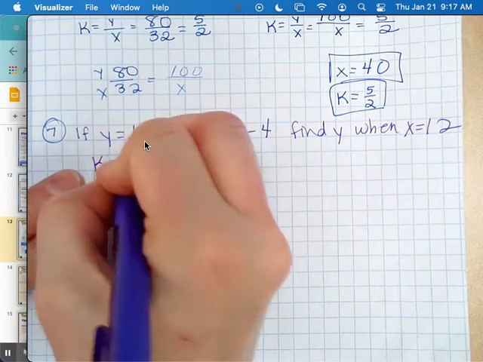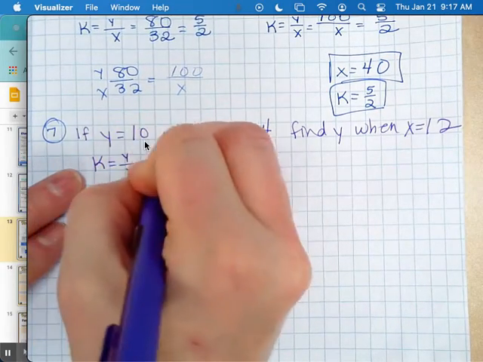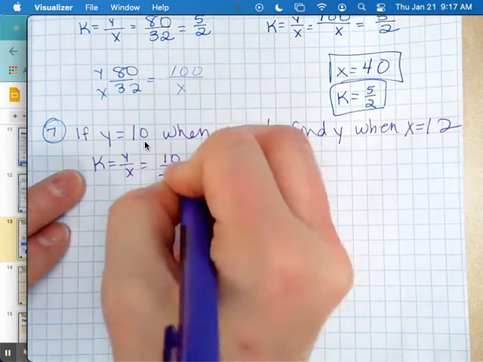So k equals y over x. So that'd be 10 over -4.